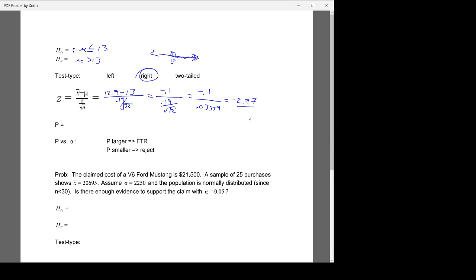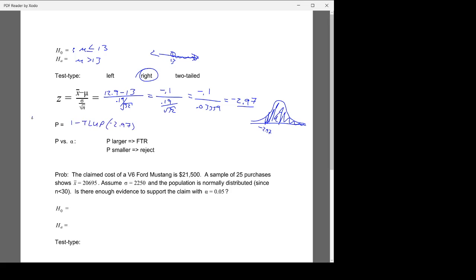So we have a right-tailed test, right? And our z value is minus 2.97. We're interested in everything to the right of that, which is a lot. So our p-value is 1 minus a table lookup of the z.